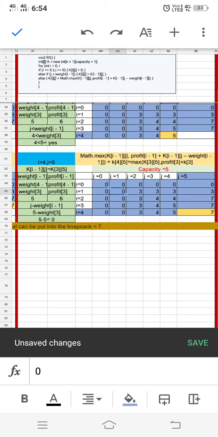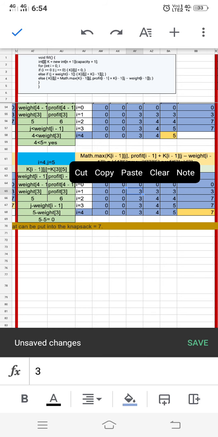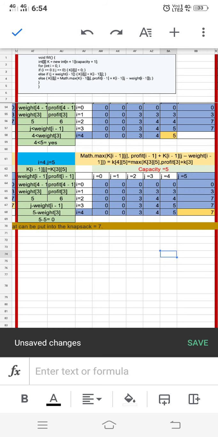Since for the first object the capacity is 2, and profit I can directly write 3 in that particular index 1 and 2.